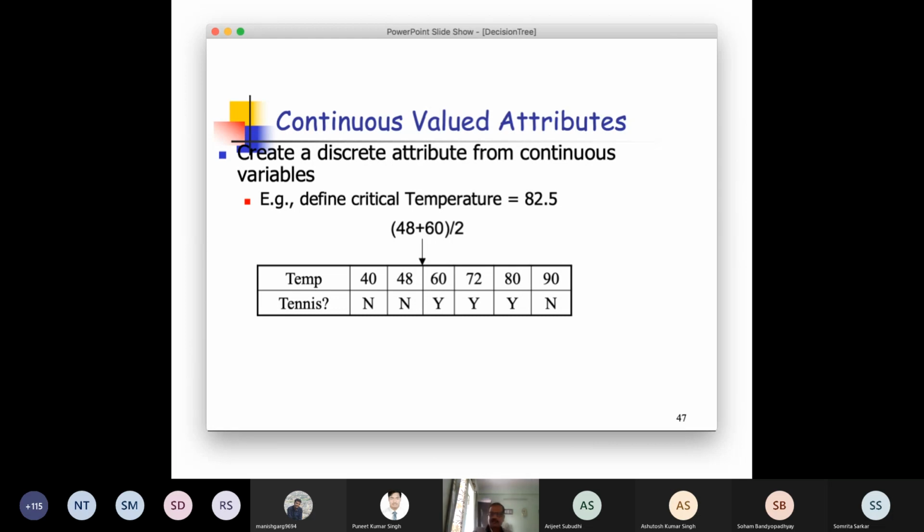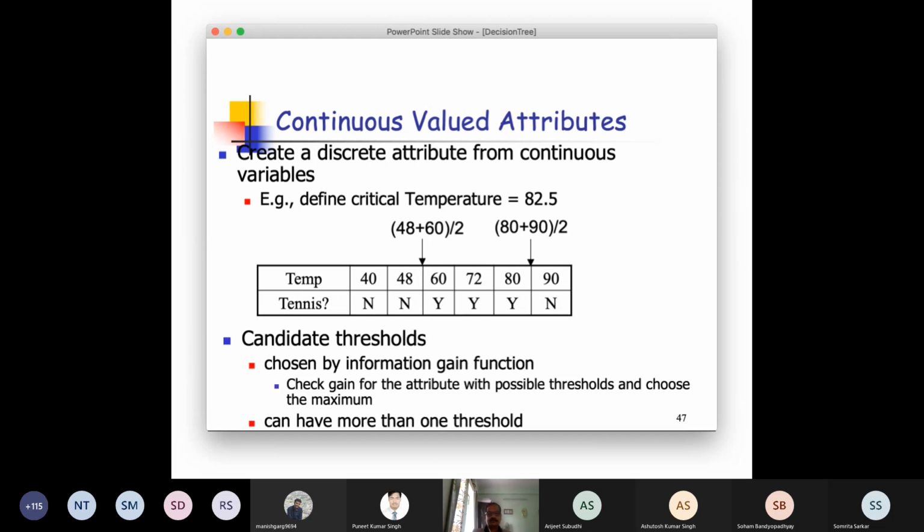Now, choosing the proper intervals based on your training data, that is the question that you need to address here. So which one you should choose, you may choose by looking at the distributions. For example, you can choose these two levels, and you can see that with respect to temperature, you will get three partitions which are pure partitions, at least.